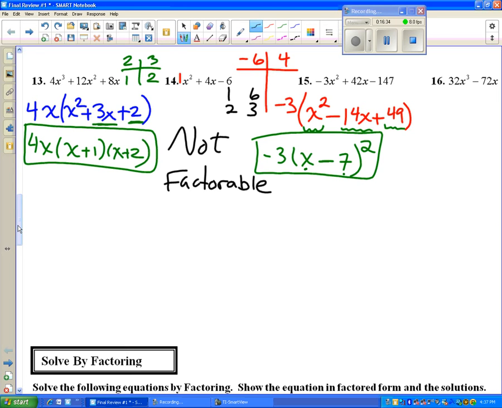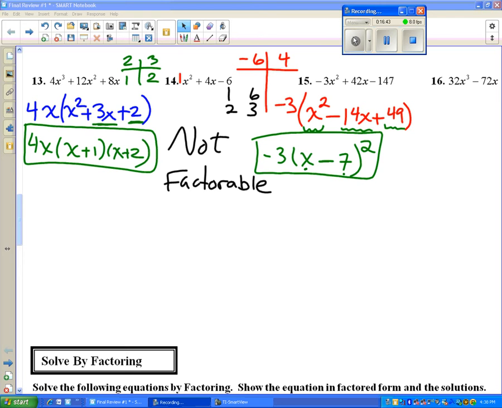Number 16, I'm going to do the same thing. I see two terms, so I want to say a difference of squares, but there's an x cubed, so that also tells me there should be a greatest common factor. What number divides into 32x cubed and 72x?